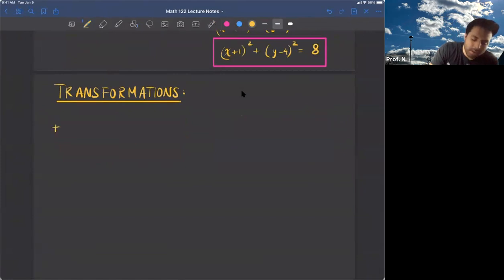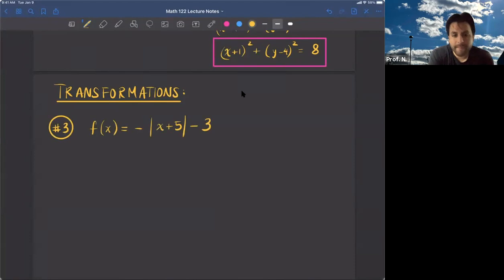So let's look at number 3. F of x is negative absolute value of x plus 5 minus 3. The first thing I should immediately notice is that I have an absolute value.